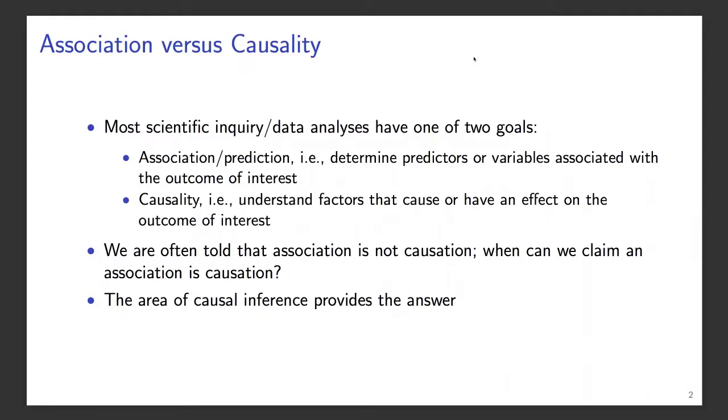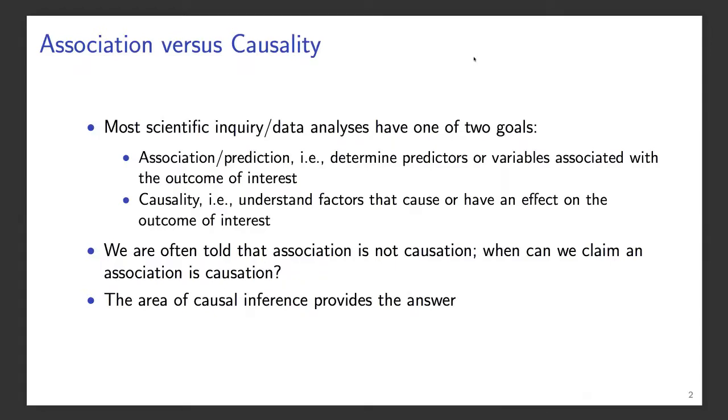And most of the time when we're conducting scientific studies, we have one of two goals in mind. One is just to assess whether or not associations exist between particular variables, or if we can predict certain outcomes on the basis of other outcomes.